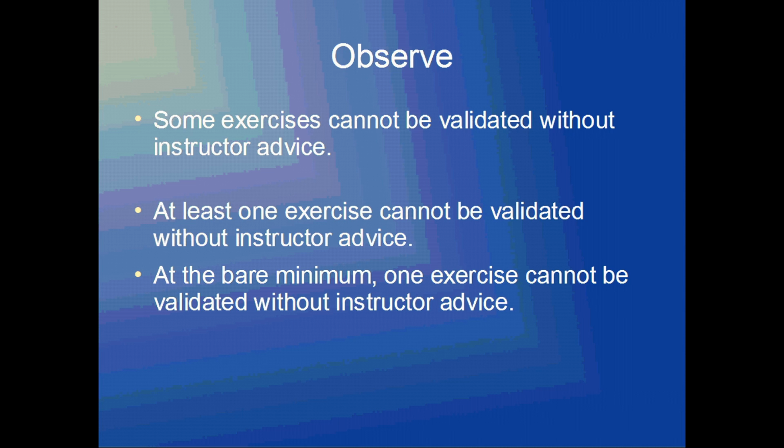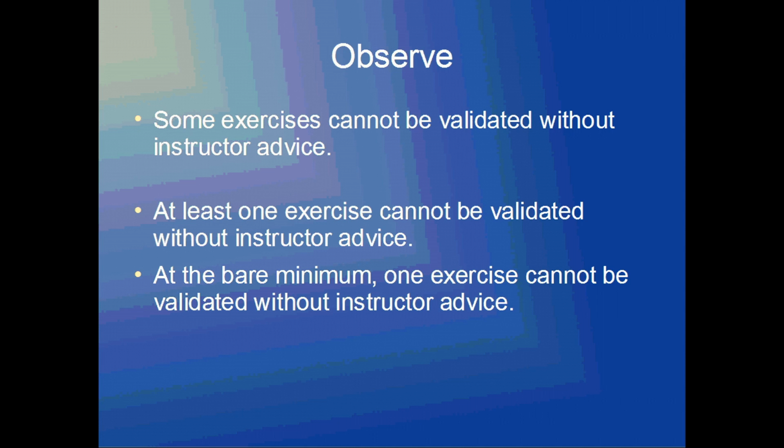Okay. Now, let's say you can only think of one exercise which cannot be validated without instructor advice. Then it would be outside of your domain of experience to say that some exercises cannot be validated without instructor advice.